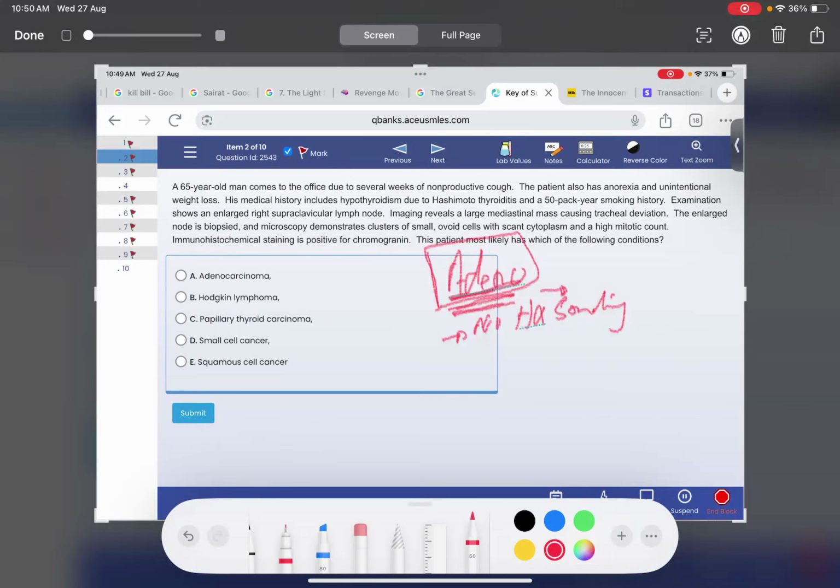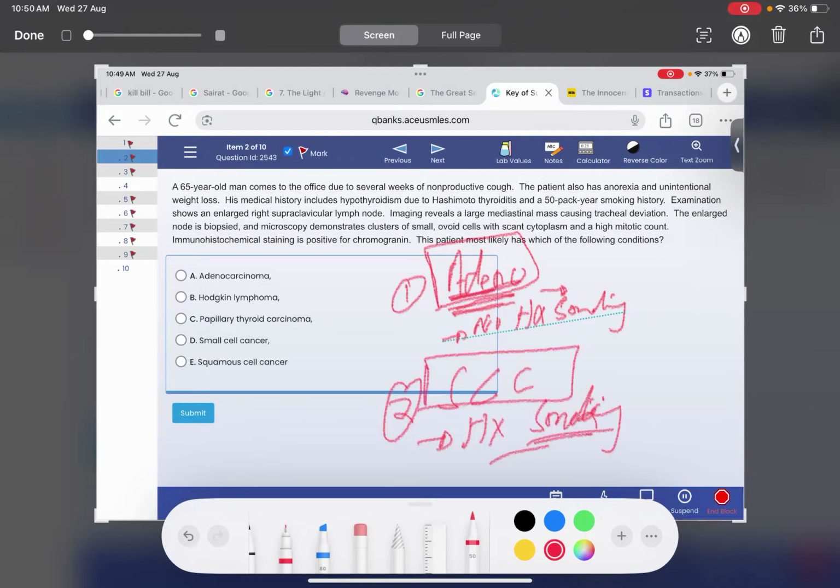A non-smoker can also get adenocarcinoma. In small cell carcinoma, it is strongly associated with a history of smoking.